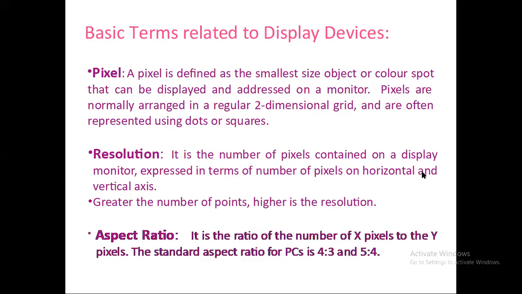Now the aspect ratio, what is it? It is the ratio of the number of x pixels to the y pixels, and the standard aspect ratio for PCs is 4:3. For a circle, the aspect ratio is always 1:1. If it is different, what will happen?